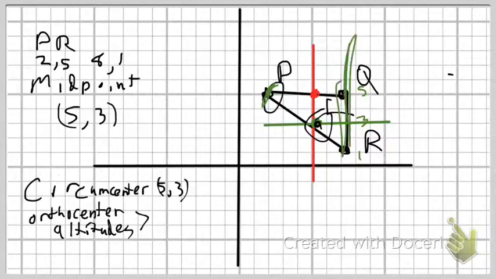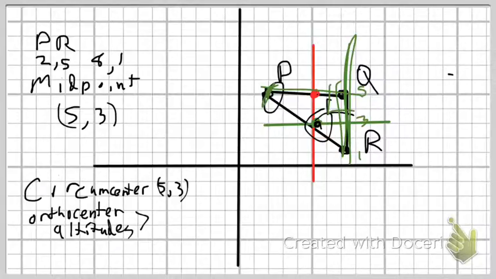That's going to be QR, and it needs to be at 90 degrees. Now the thing here is, because we already have this 90-degree angle right here, we can just draw like that.